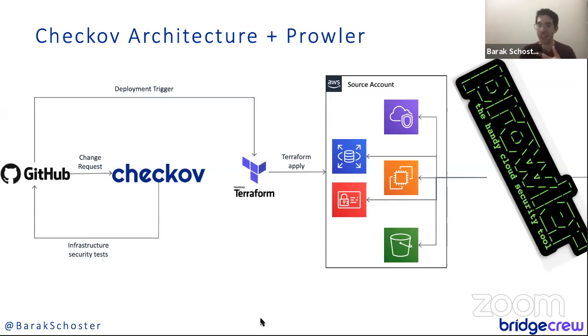And the way you would do that is integrating probably Checkov or other tools like OPA and TFSec at build time, meaning on each pull request, you will scan your infrastructure code. And at runtime, you will have your production team or security team monitoring your cloud account for every possible manual change.